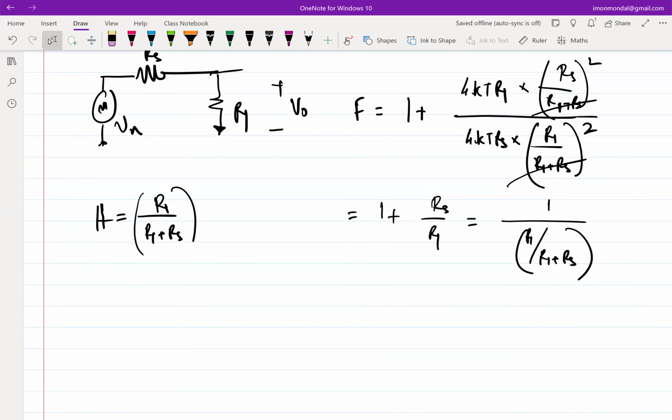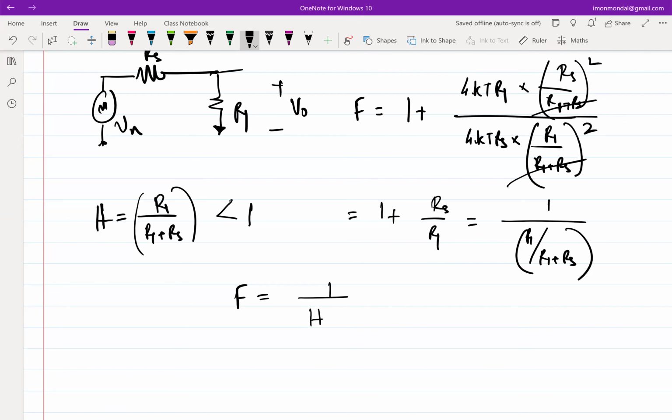Okay, let me keep it like this. So essentially this is less than 1, right? So what is this telling you? Your F is 1 over H. If H is much less than 1, then the noise factor is high.